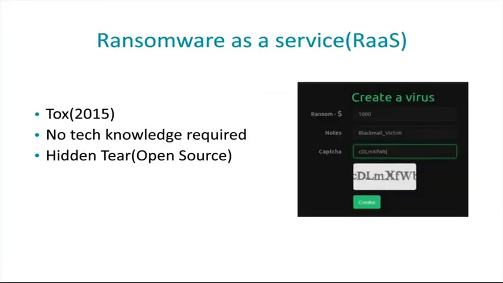In 2015, ransomware and the deployment of it became even easier with the rise of Ransomware as a Service. Now, from a dark web website, someone can choose the type of ransomware they want, the amount of the ransom to ask for, and additional notes and features. After they do so, they're provided with everything they need for a successful ransomware attack.